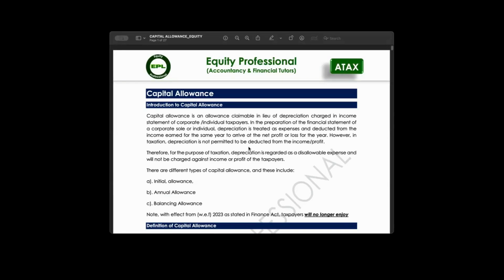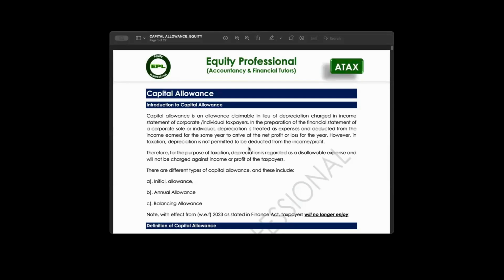In our last class, we talked about the concept of adjusted profit, where we talked about the trading profit and loss adjustments, where we discussed allowable expenses and non-allowable expenses, and how it impacts our tax computation. That was discussed last week.